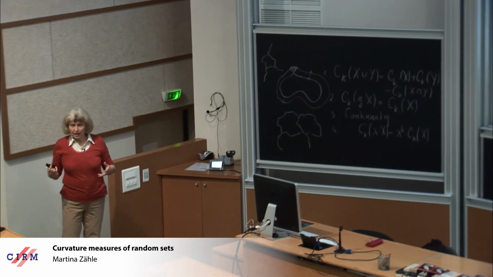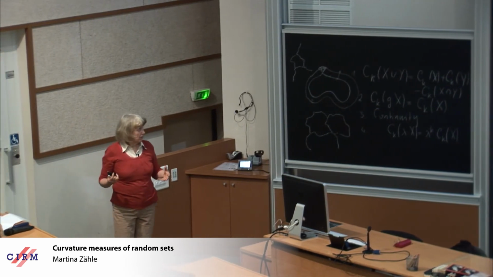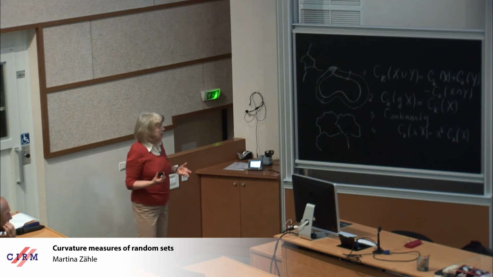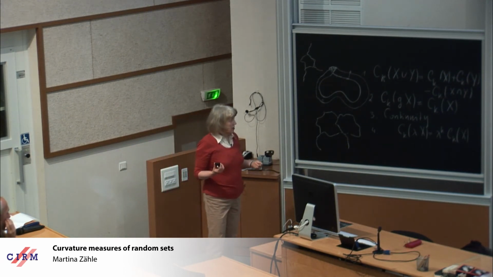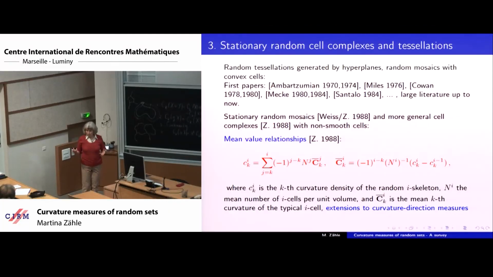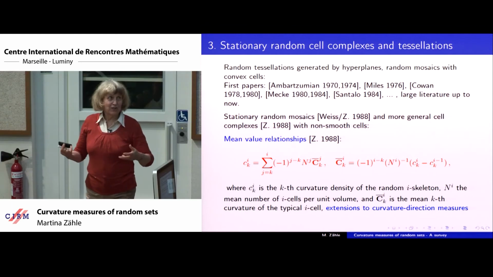You can again try to obtain some mean value relationships. Of course, nowadays it's more interesting to consider higher order moment measures, but at that time we studied mean value relationships. And here for such cell complexes, you have again relationships like in the point process models, but here these relationships are a bit more stringent.